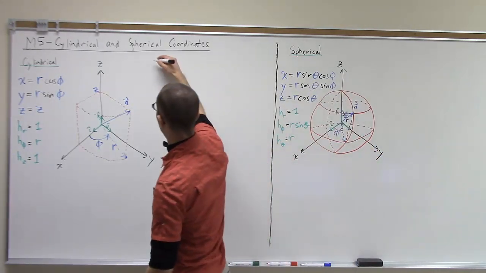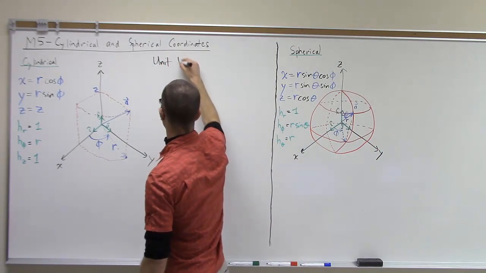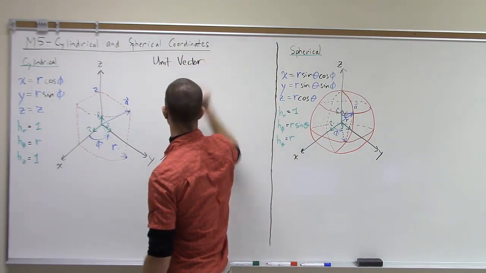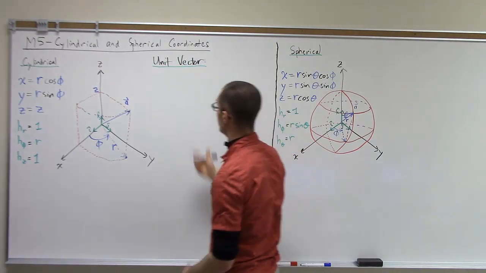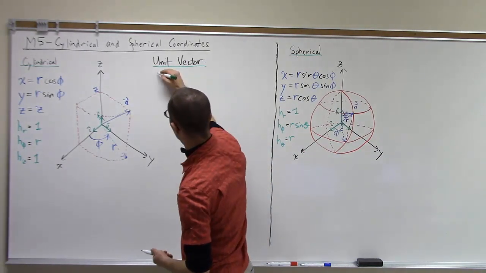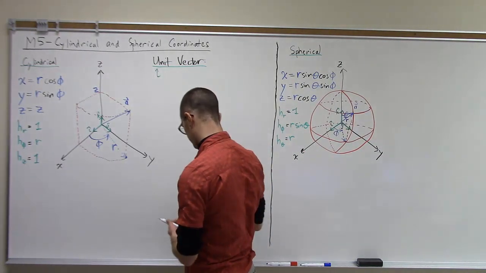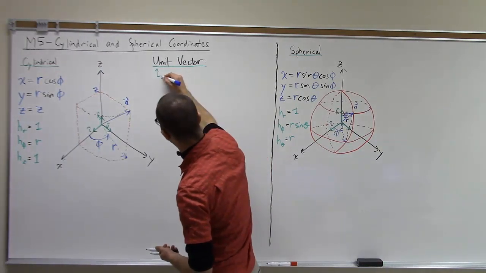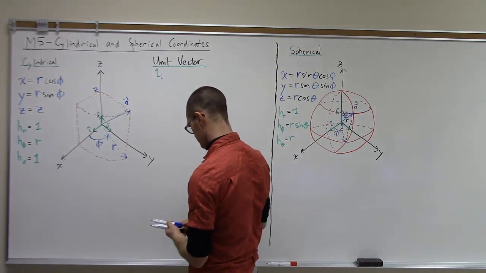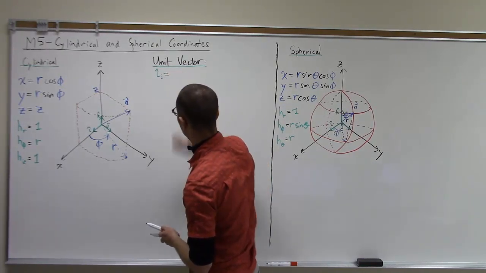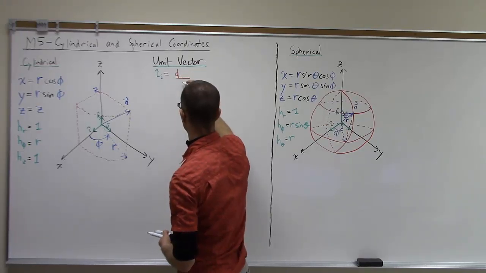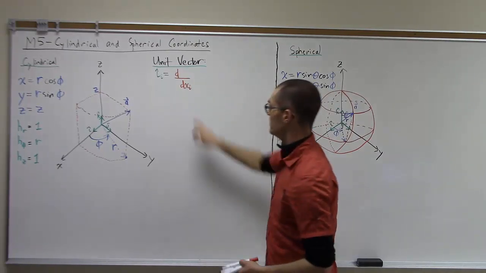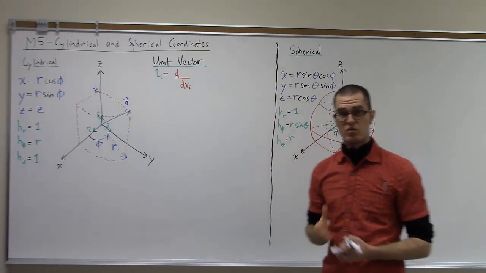So in general, we can write a unit vector for the ith component. I can say i hat sub i is equal to d by dxi, where dxi is the coordinate that we're interested in.